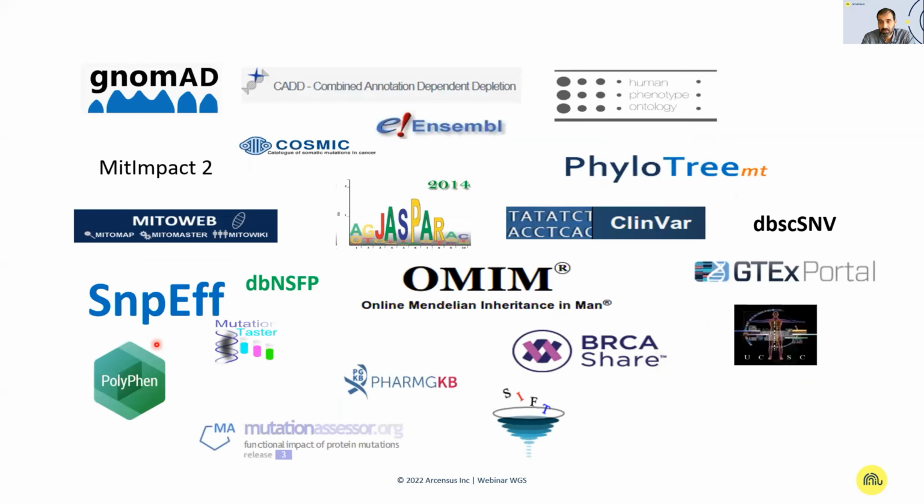These are just a handful of the different databases that are used. I don't want to go into this too much in detail, but just to illustrate that we use different types of databases to obtain as much information as possible on the specific variants and genes that we have identified as being different from the reference.